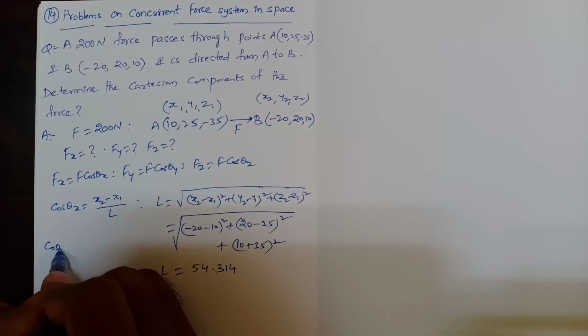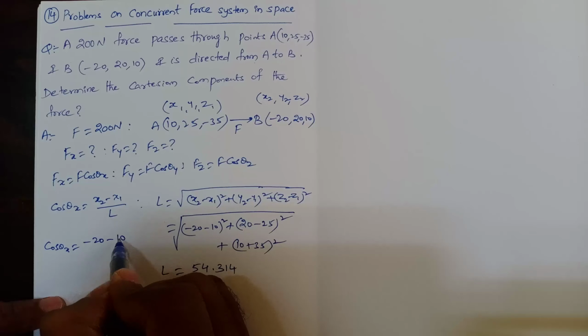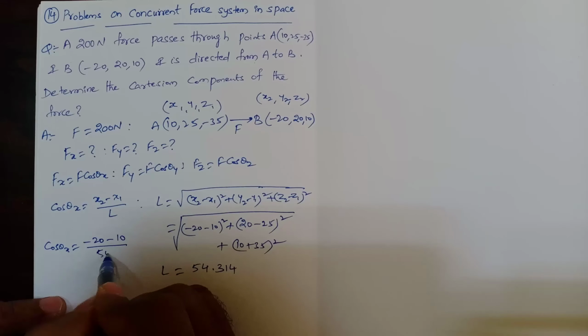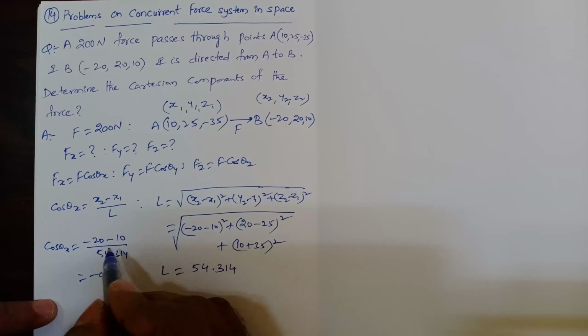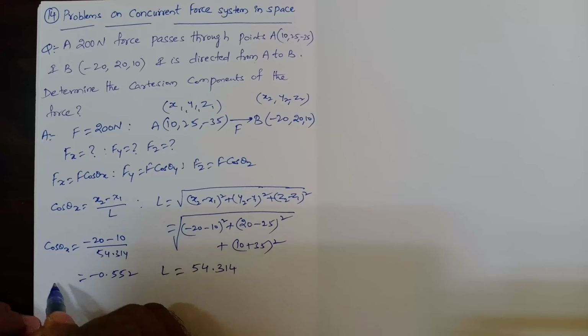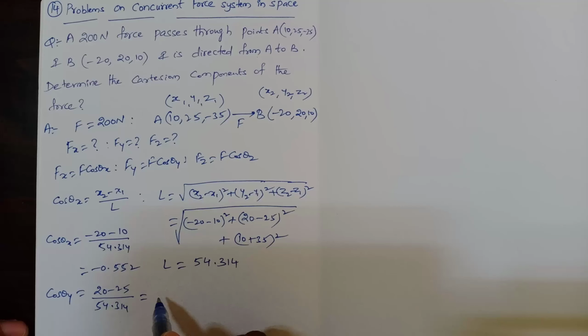Then cos theta x is equal to (x2 minus x1), minus 20 minus 10, by 54.314. So this is equal to minus 0.552. Similarly, cos theta y is equal to y2 minus y1, that is 20 minus 25, by 54.314, which is equal to minus 0.092.